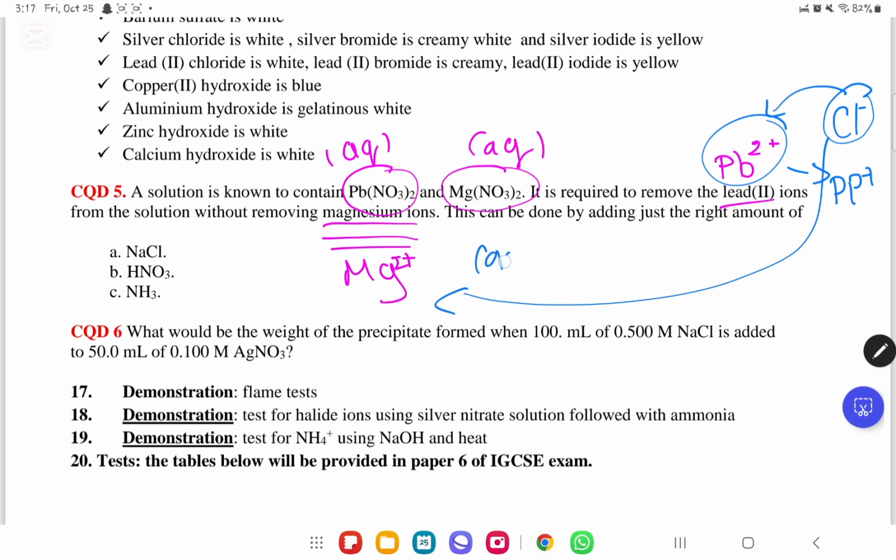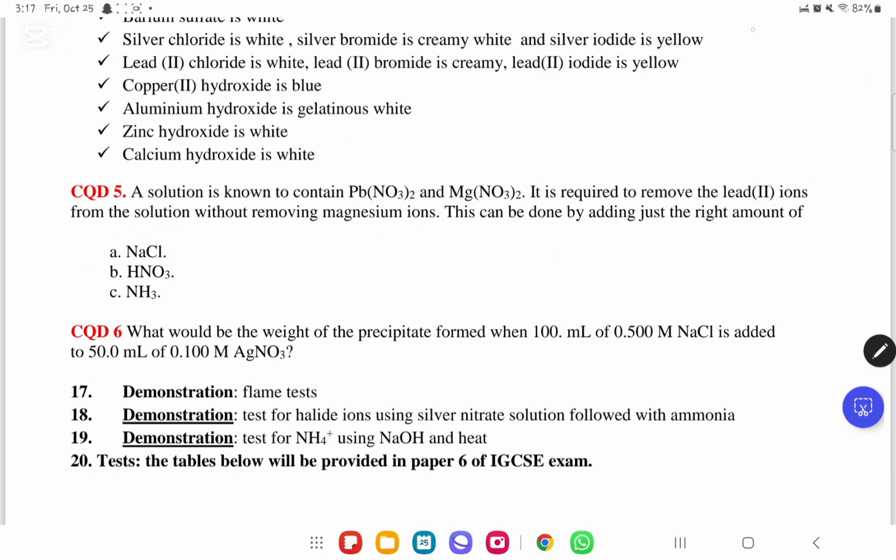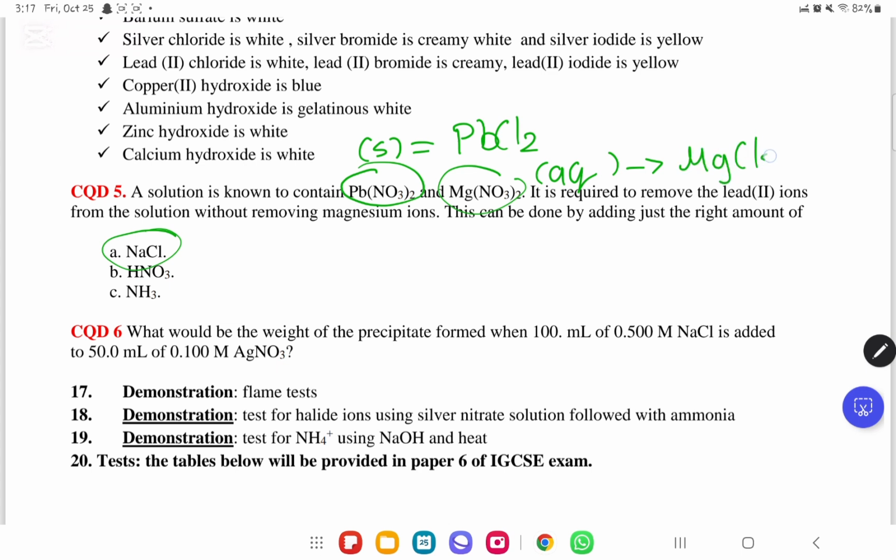It's soluble. So this is exactly the case that we need. Okay, so by looking, NaCl is the only thing that has what? The only thing that has Cl ions. So we're gonna choose A because we are gonna have a solid which is PbCl2, okay, and then something soluble, something aqueous, which is MgCl2.